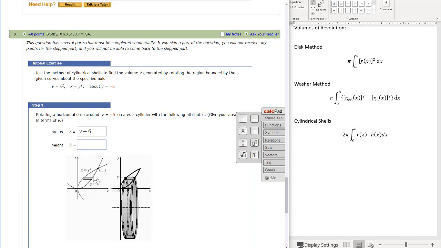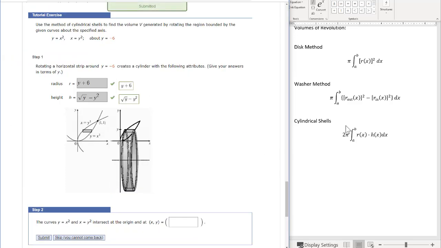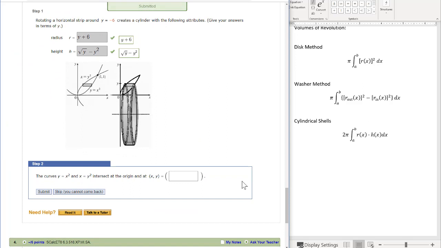Now we want this in terms of y, so if we solve for x there, we're going to get the square root of y, minus, and then here you have x is equal to y squared, so that's just going to be y squared. Okay, so those are our radius and heights that we'll use for our cylindrical shell.